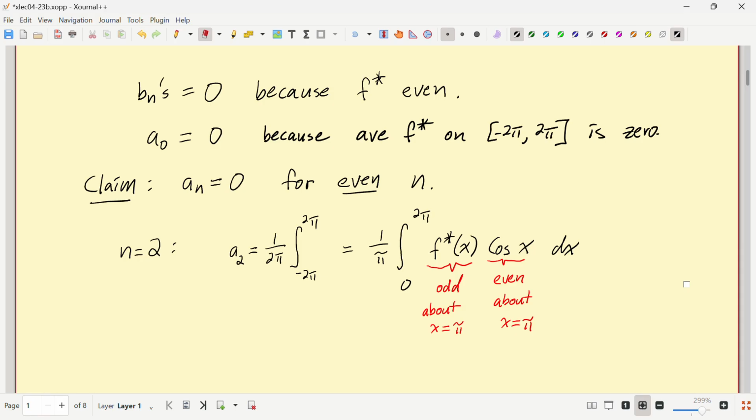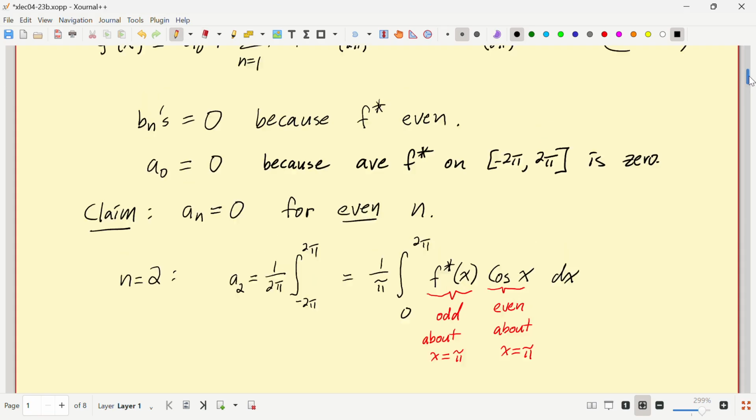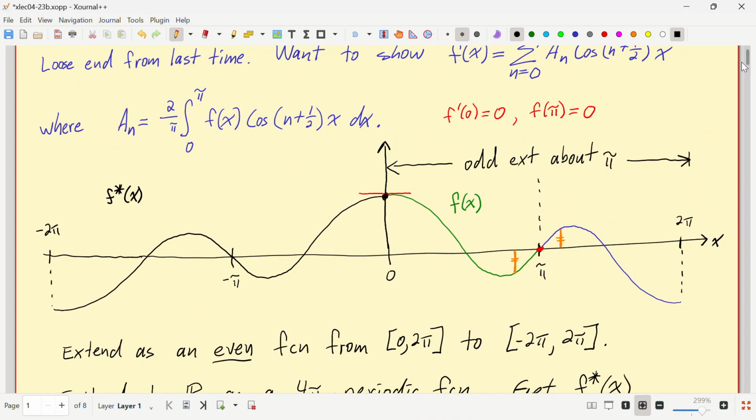And the cosine term, for n equals 2, that would be 2 pi over 2 pi. That's 1 times x. So the function in that integral would be just cosine x. And cosine x is even about x equal pi. Let me draw that on the graph so you can see that. Let's see, what does cosine x look like?